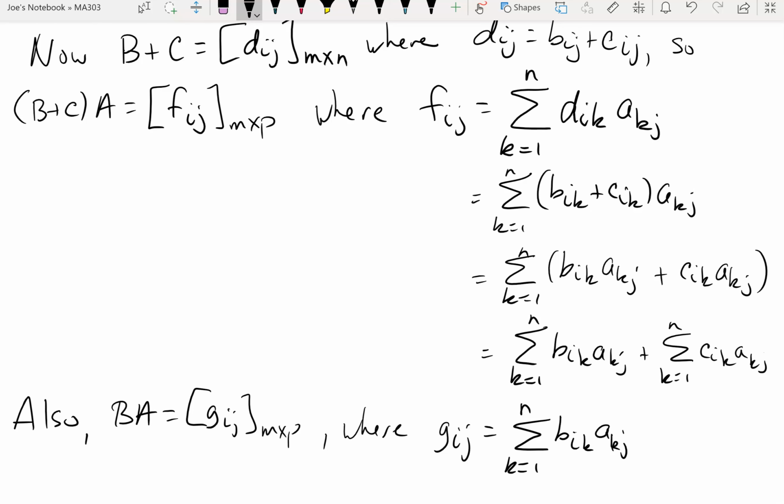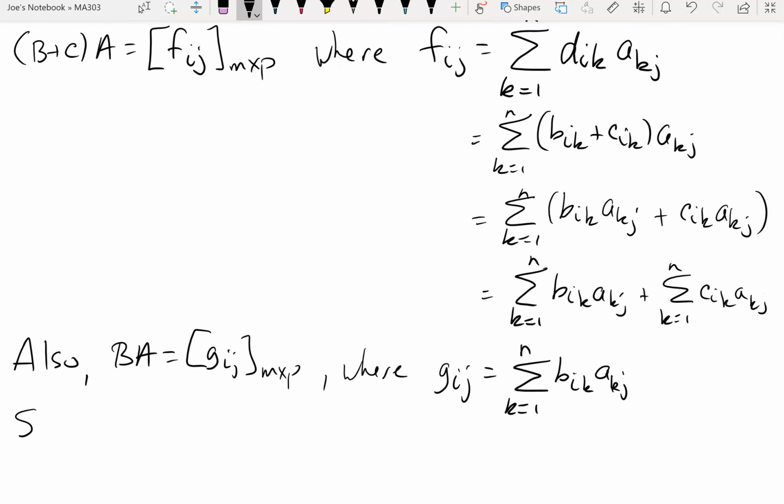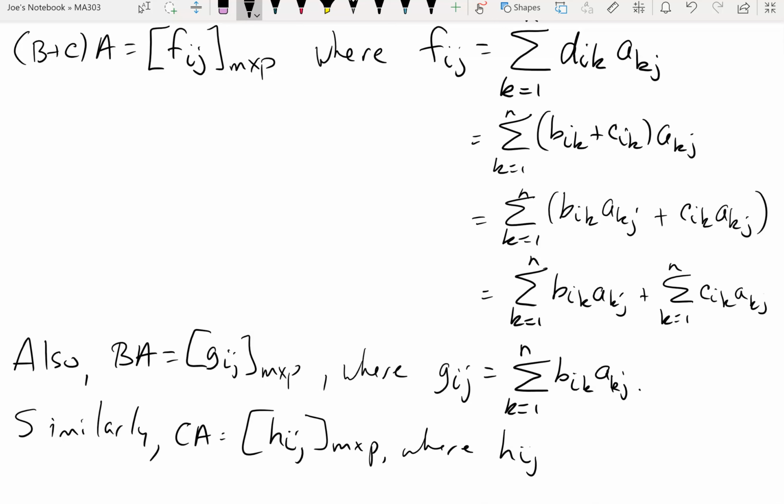And then similarly, what do we have for CA? What's going to be the difference between CA and BA? There's going to be a C where the B is.